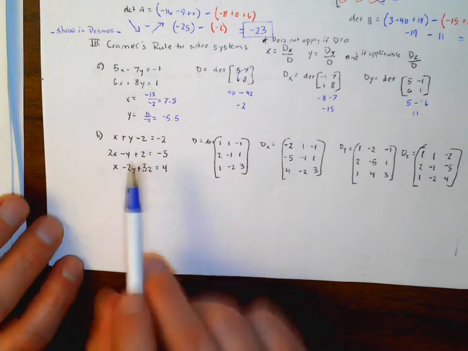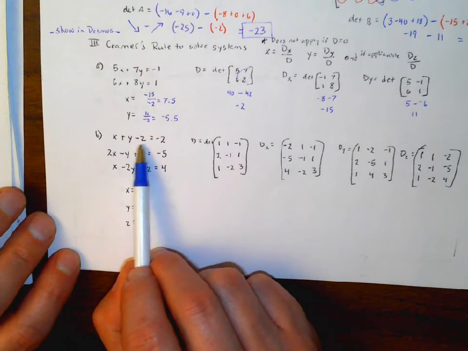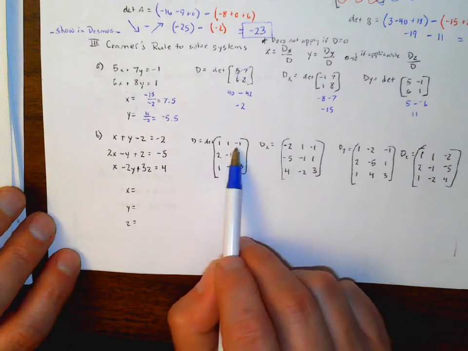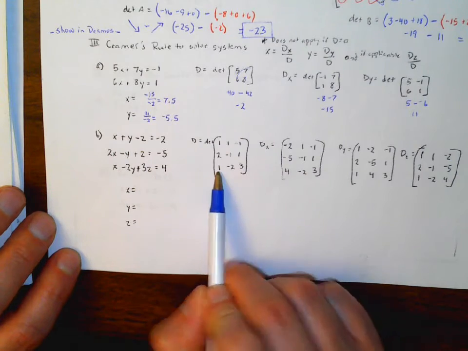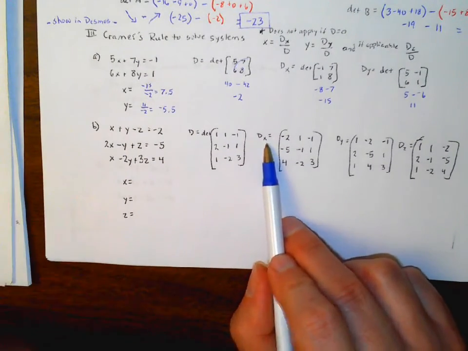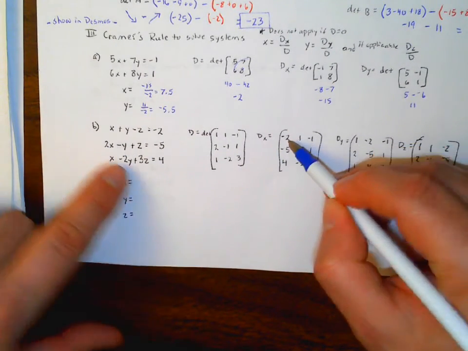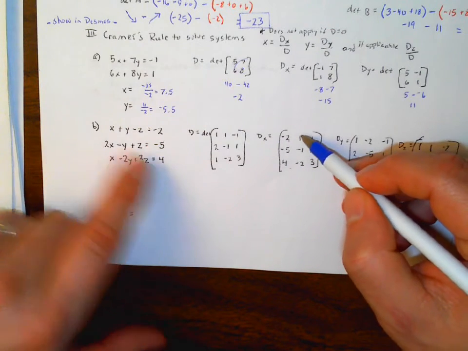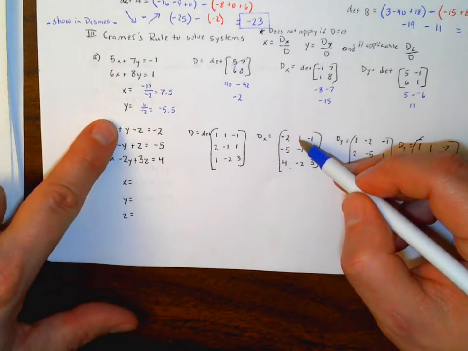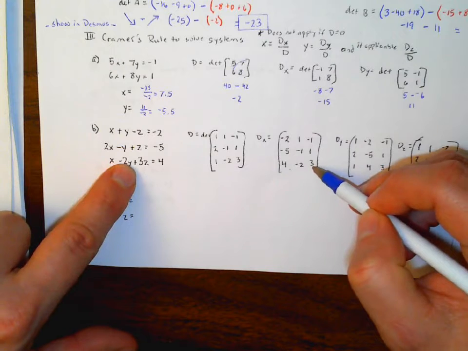So we can also do it with 3 by 3 matrices. You have your D here, just your coefficients. Dx will be this last column here, and then your y's, and then your z's.